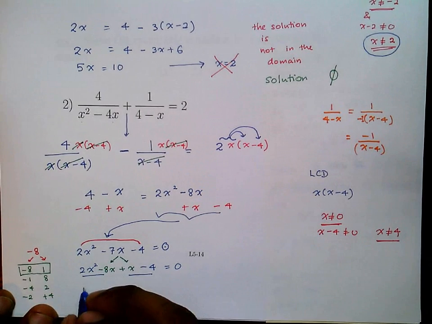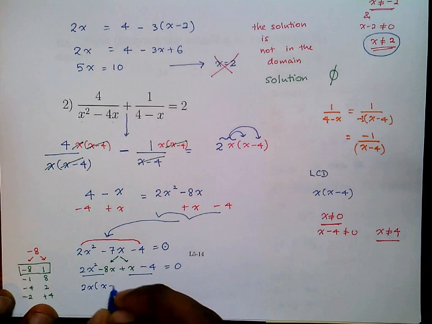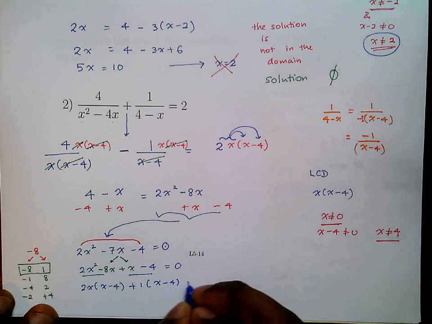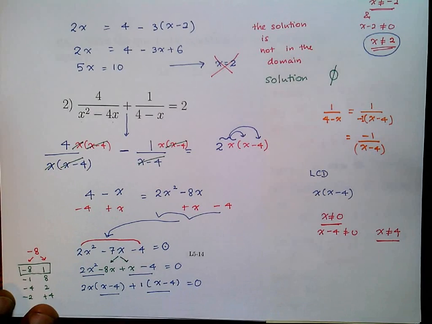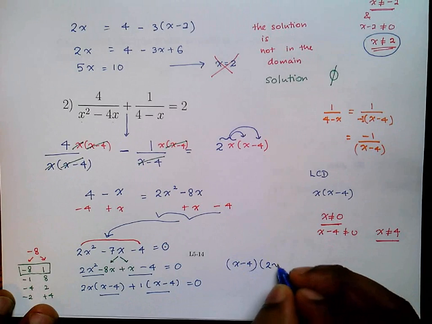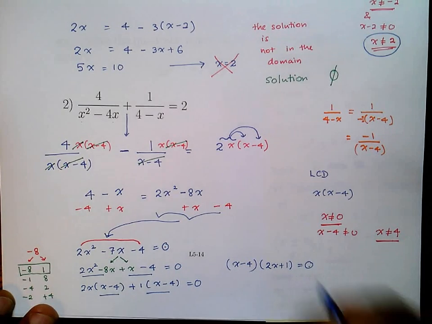Factor by grouping. 2x is common, x minus 4, 1 is common, x minus 4. And then x minus 4 is common, so x minus 4 times 2x plus 1 is equal to 0.